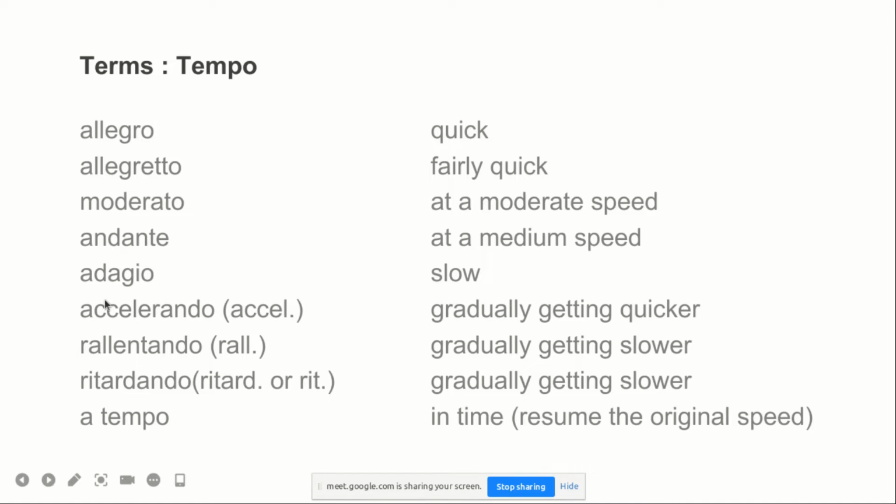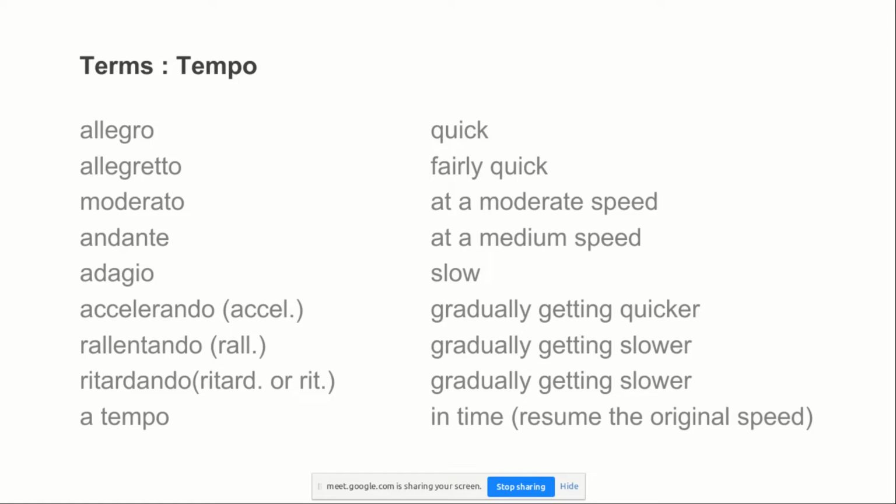Accelerando, or short accel, if you see this word, you remember accelerating or acceleration. When a car accelerates, it doesn't start from 0 to 100. It gets 0, 5, 10, and so on. And so that is gradually getting quicker. Don't forget this. If you fail this, you're a joker. Accelerando means gradually getting quicker. And then we have rallentando, or in short, RAL.